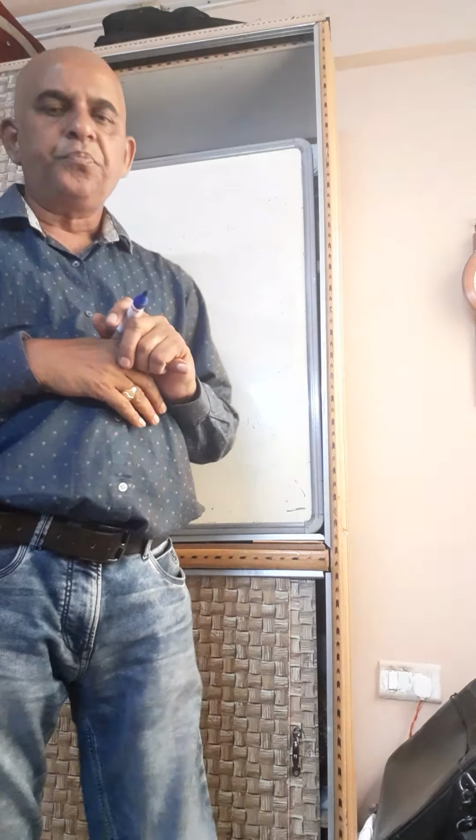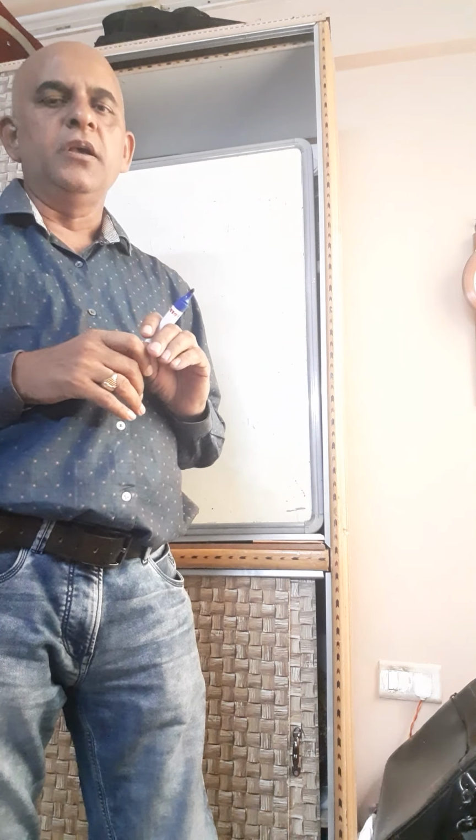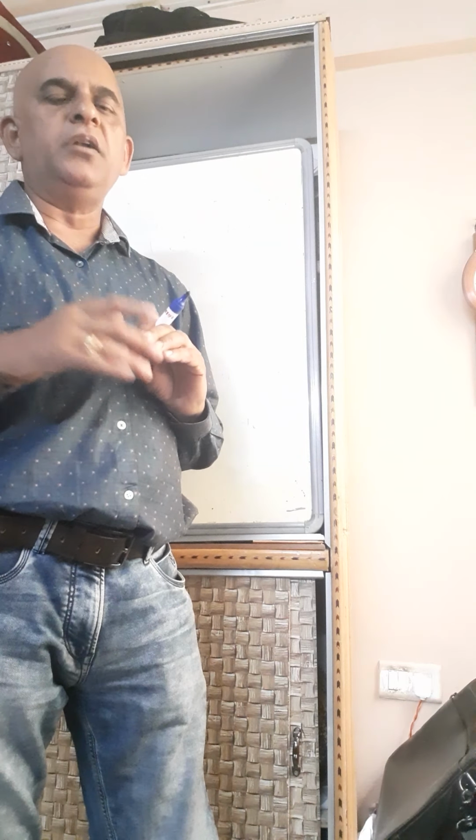First of all, yesterday in the introduction we discussed what a physical quantity is. A physical quantity is that which can be measured. Physical quantities are of two types: one is fundamental physical quantity, the second is derived physical quantity.